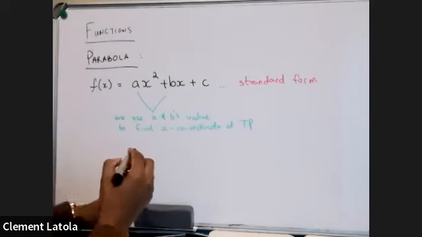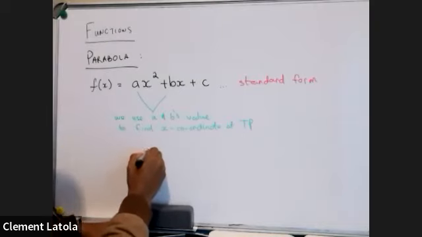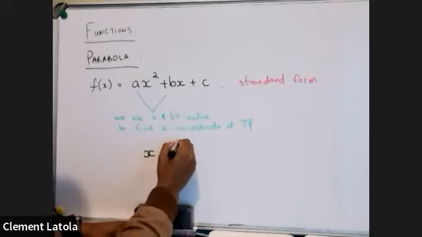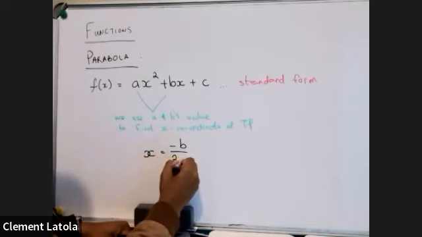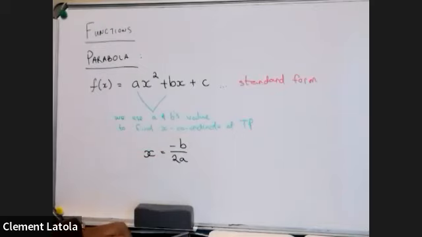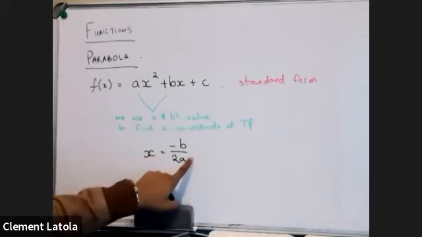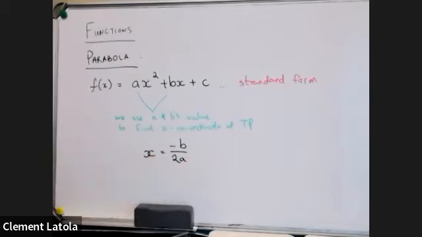Okay, I'll write it down. The formula is x is equal to negative b over 2a. Have you seen this formula before? Negative b over 2a.